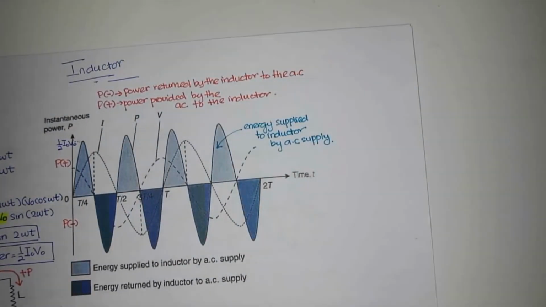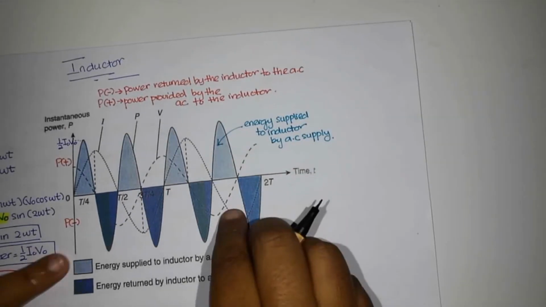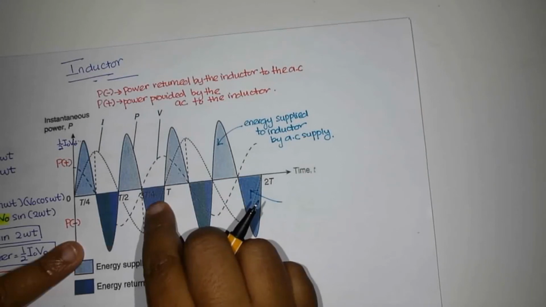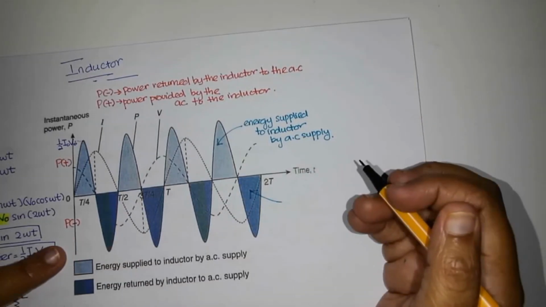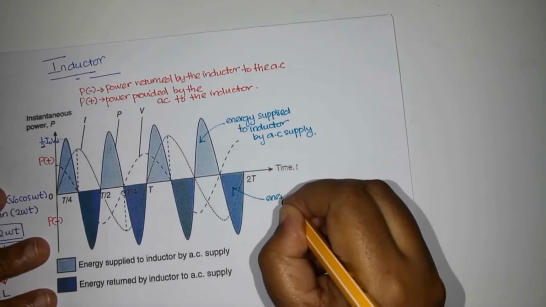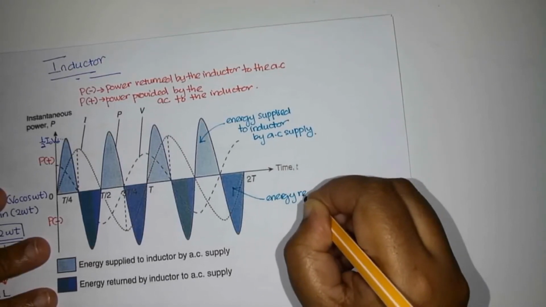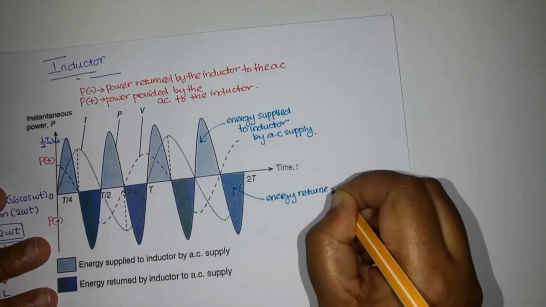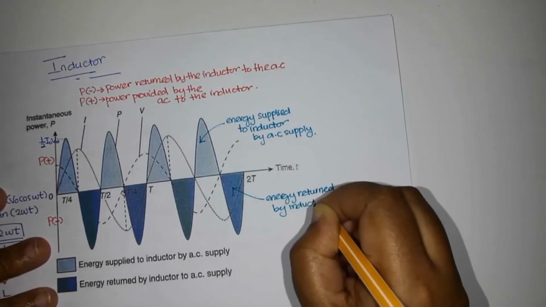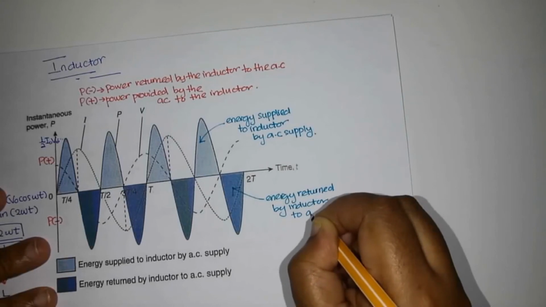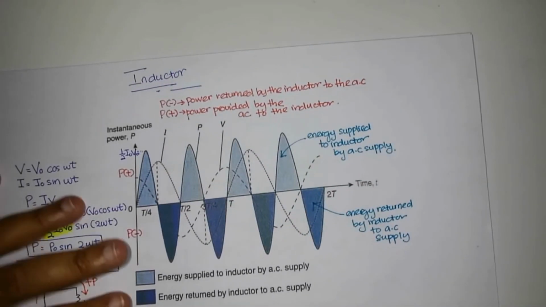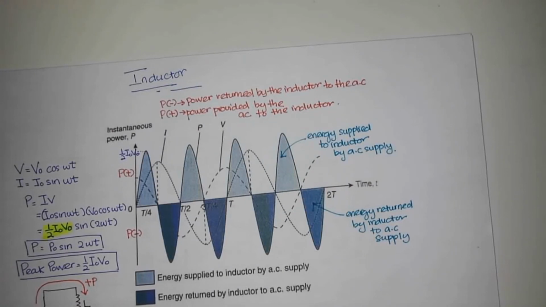And the area under the graph where power is negative, the area under this darker blue graph, represents energy returned by the inductor to the AC supply. So these are the important things that we can use to describe the graph.